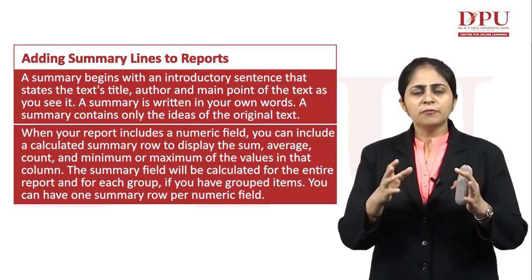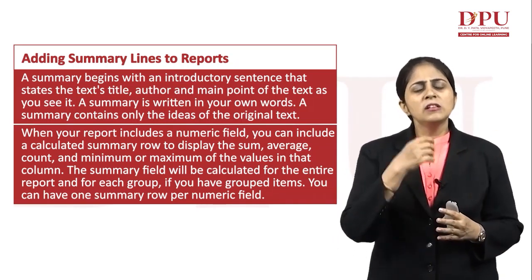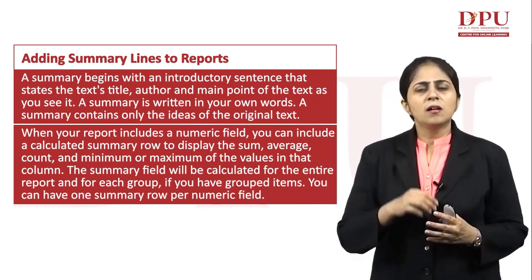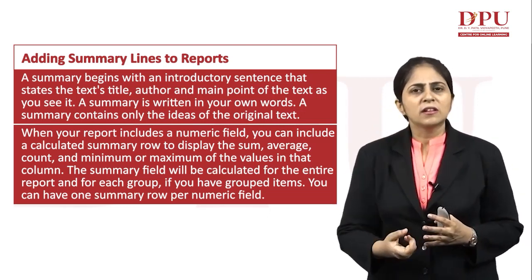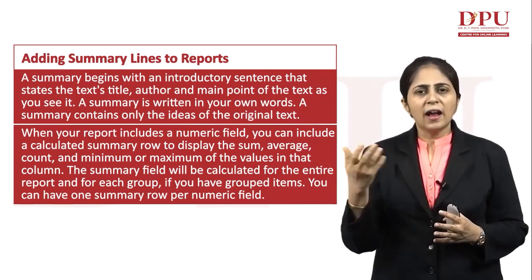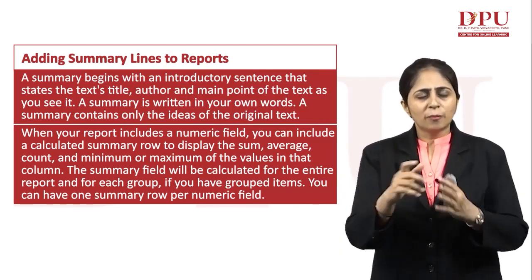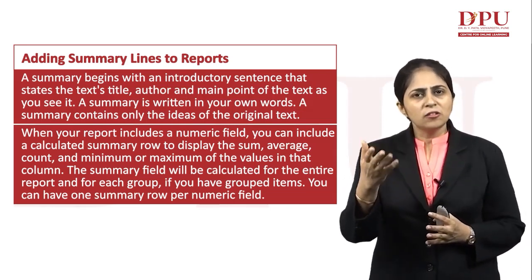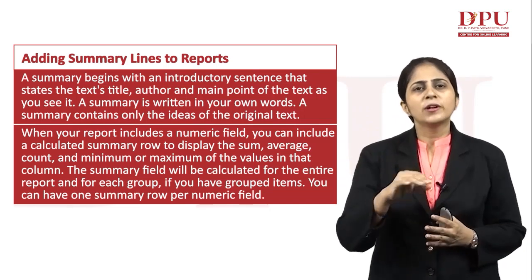That means if in your report you have a certain column in which all the product cost is written and you want to summarize it, you can simply apply the sum function and you can see the summarized price of all the products. You can even write down the maximum, the minimum.